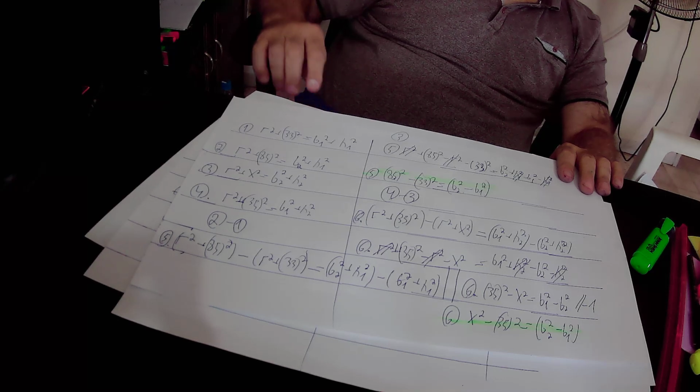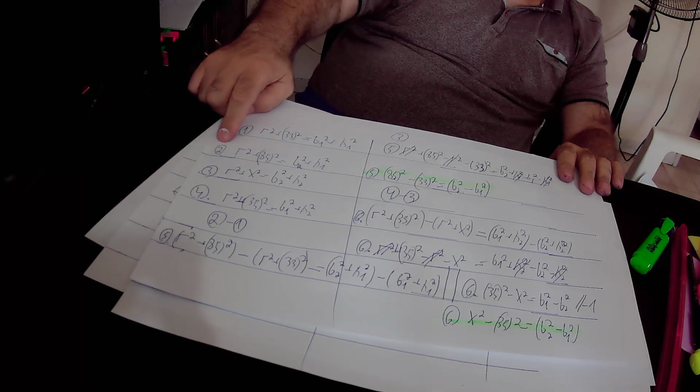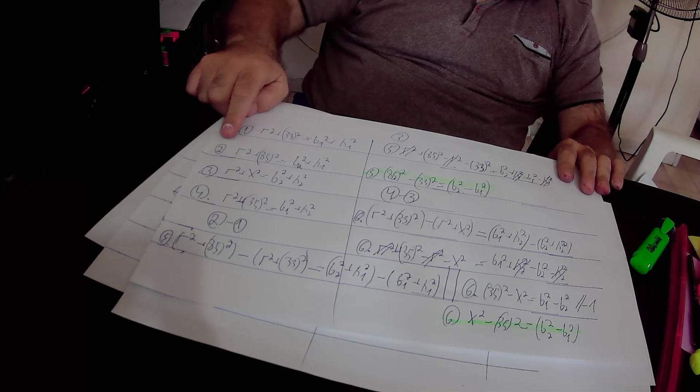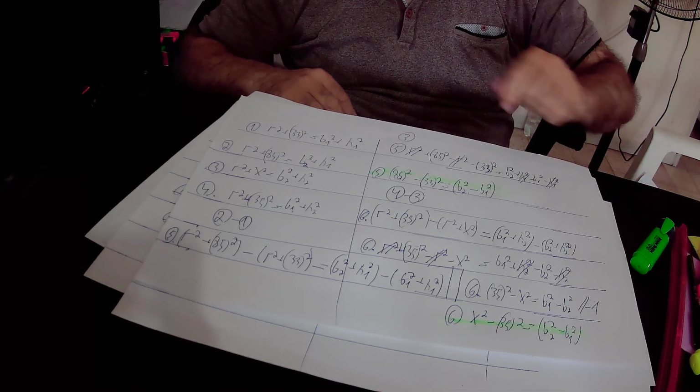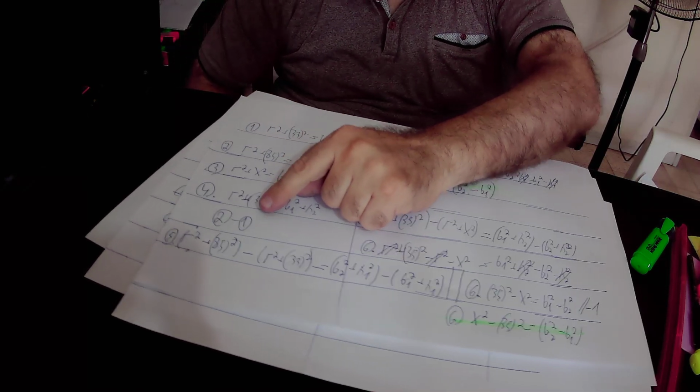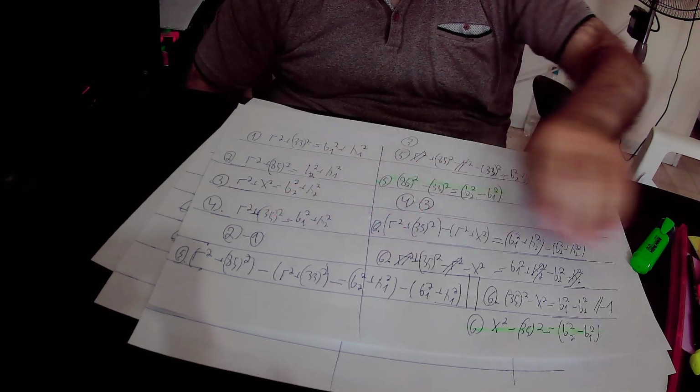Then we subtracted equation number 1 from equation number 2. That is to say, we have here equation number 2 minus equation number 1.